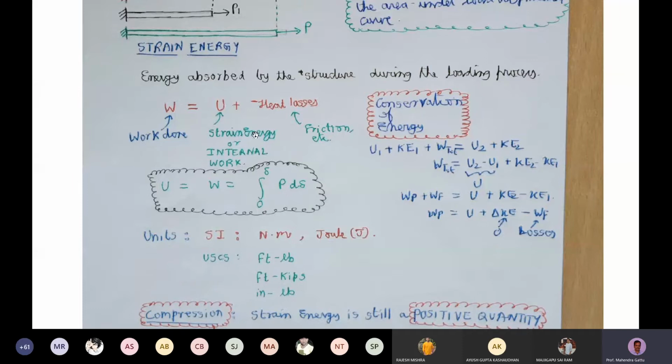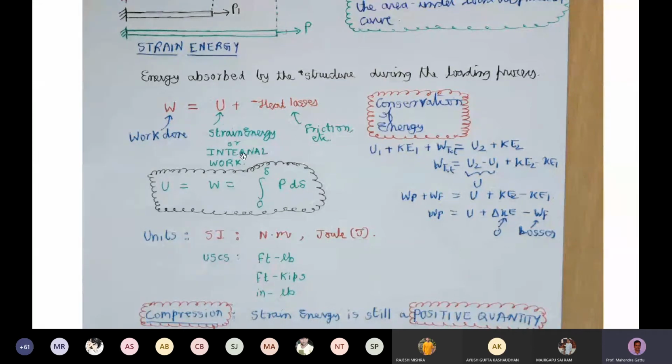Why do we call it strain energy? Because when you apply the load, some strains are recorded, and along with it, the body is in a state of some tension or compression, and it is storing some energy associated with the strain value.